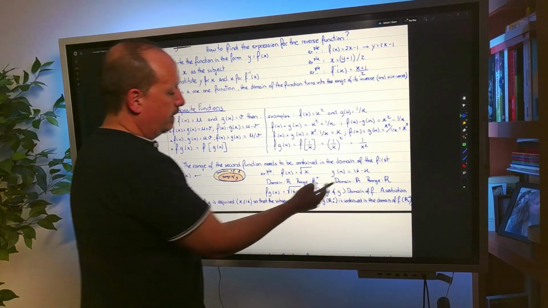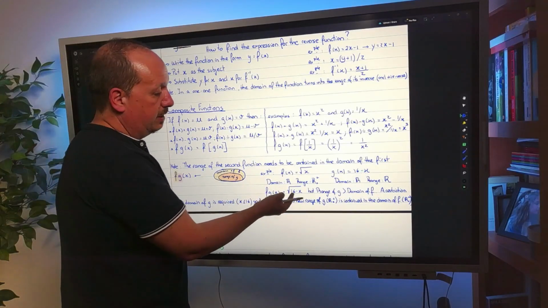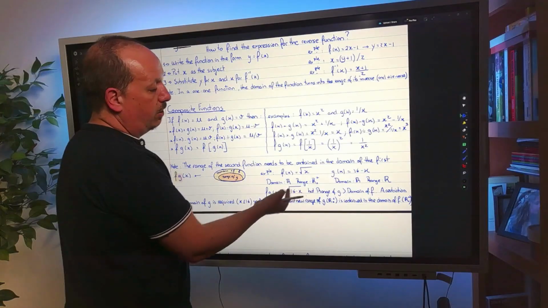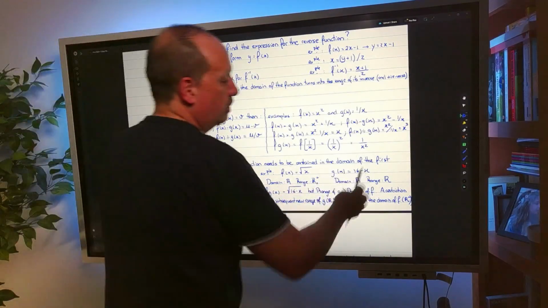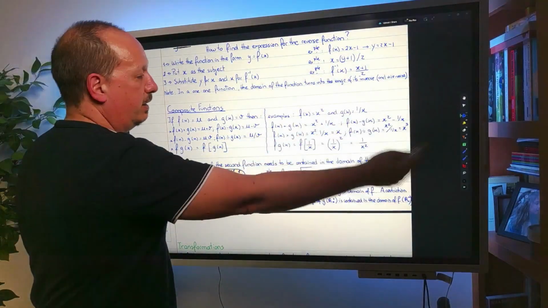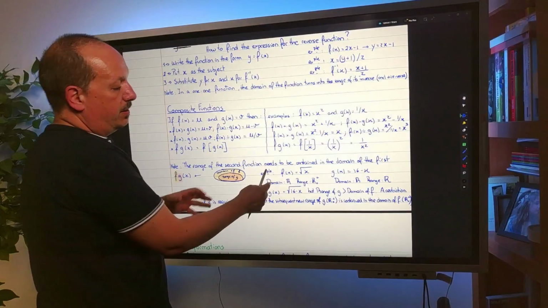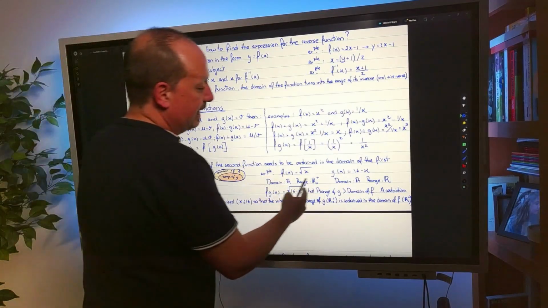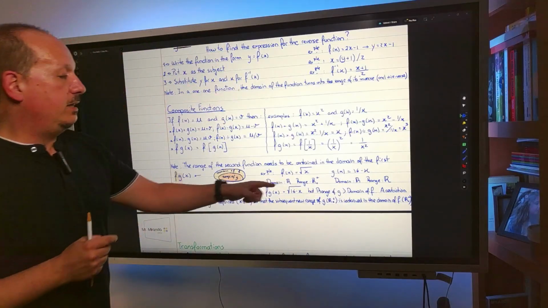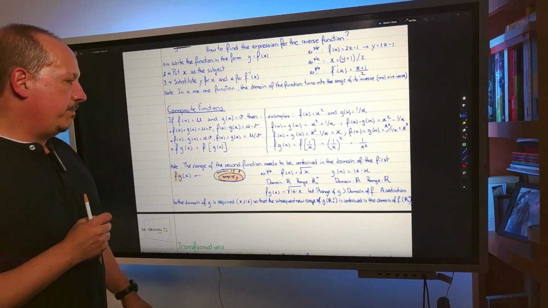If I want to plug it over here and make a composite function out of it, I have to restrict this only to positive numbers. Okay? I originally had a range that was bigger than the domain of the main function. So I have to bring it down, make it just as big as the domain if I want to be able to apply the composite function.